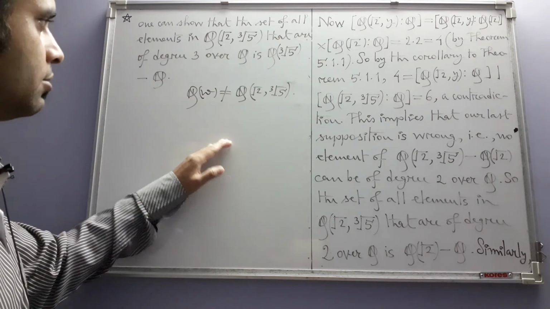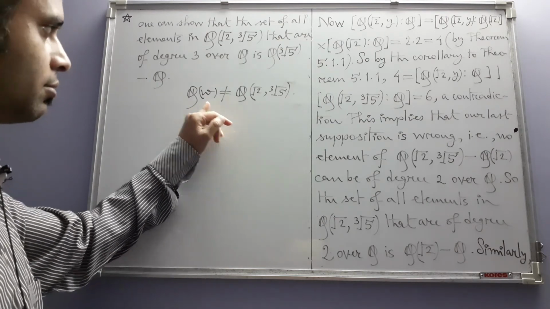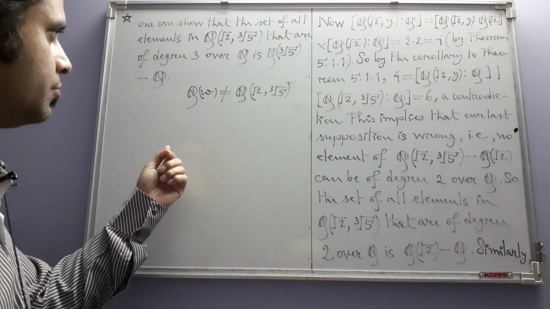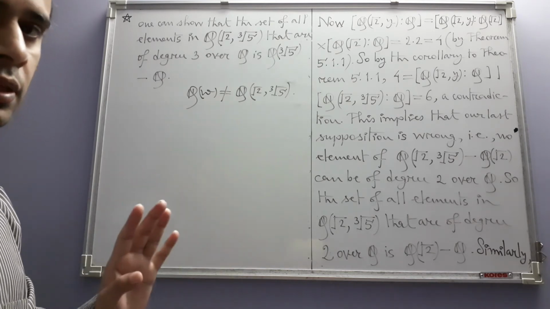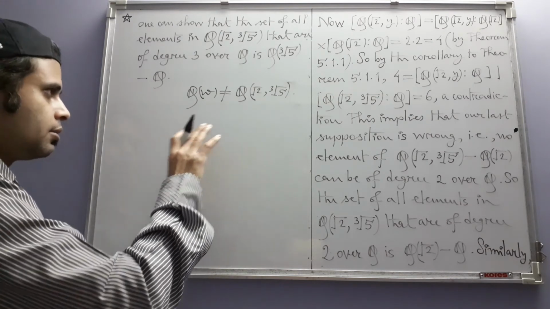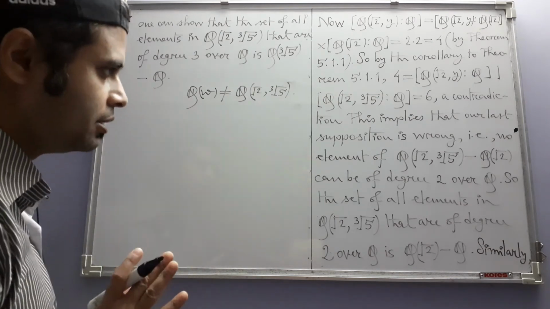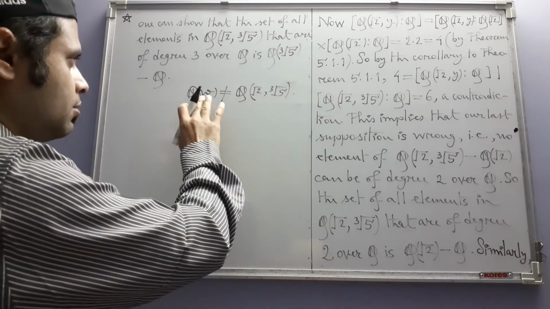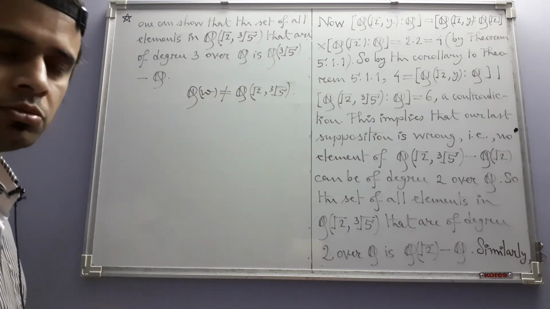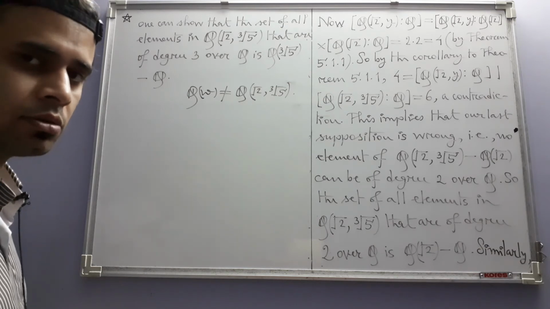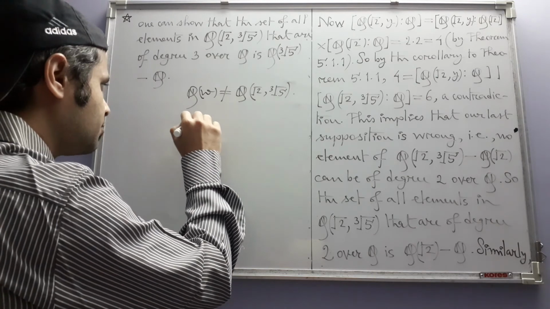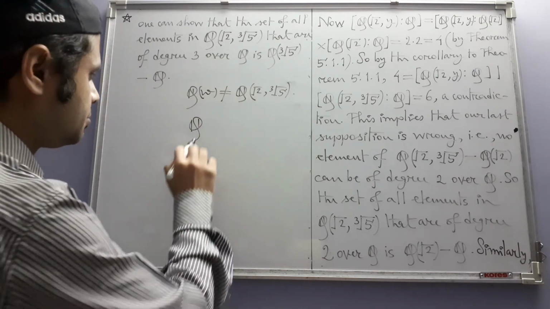We then found out that the degree of w over Q should either be 1 or 2 or 3. It cannot be 6, and these are the only possibilities. So then it means we had to find all the elements of degree 1 and 2 and 3 over Q. The set of all elements of degree 1 is this.